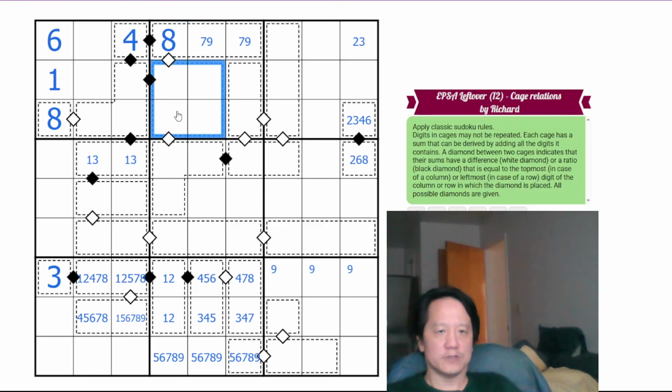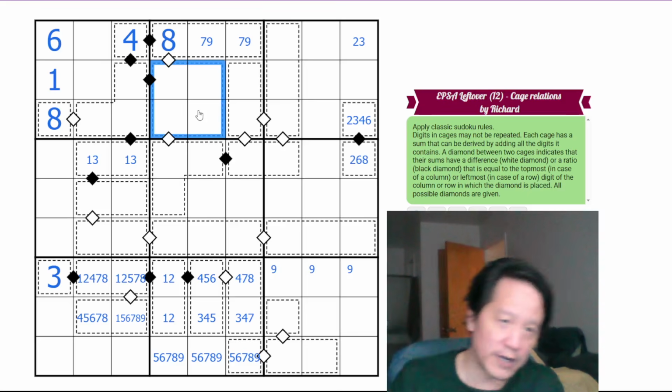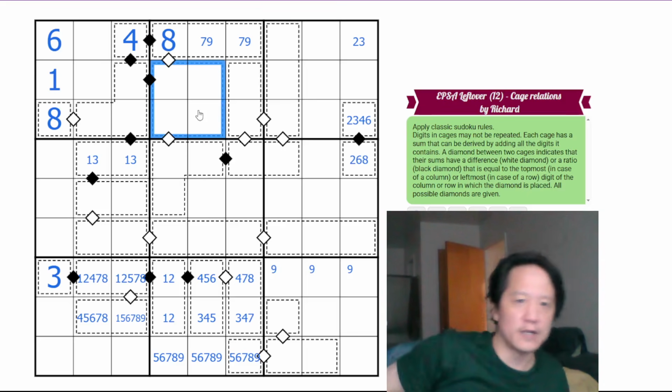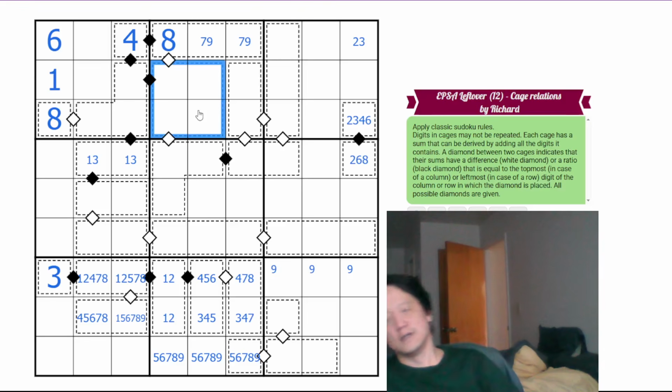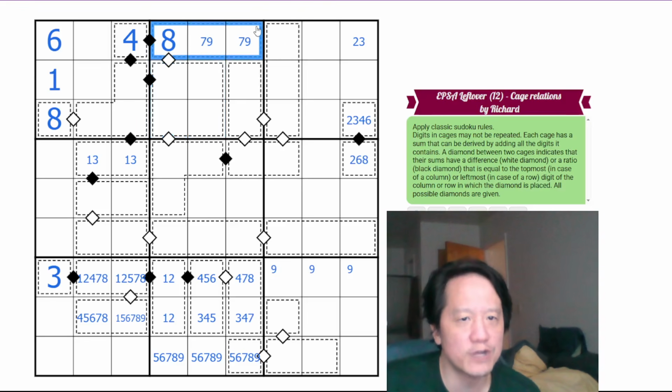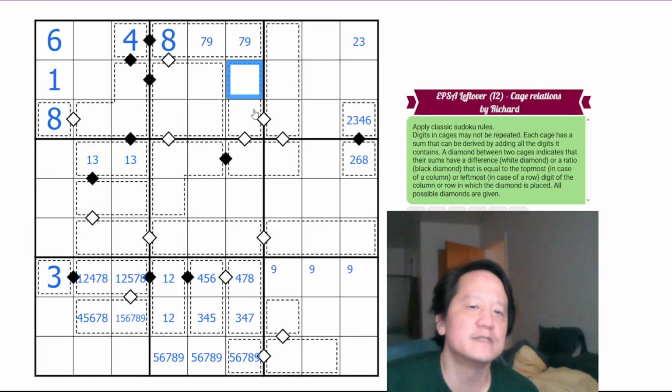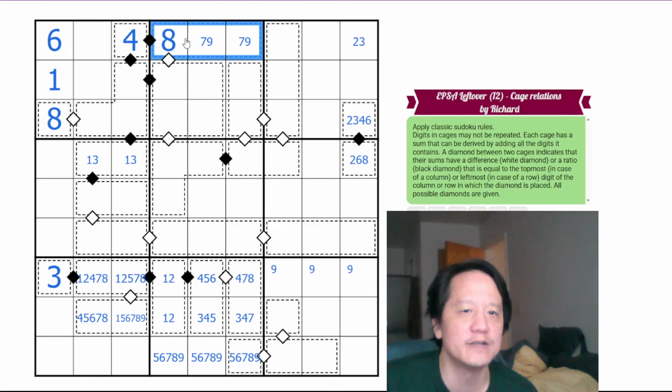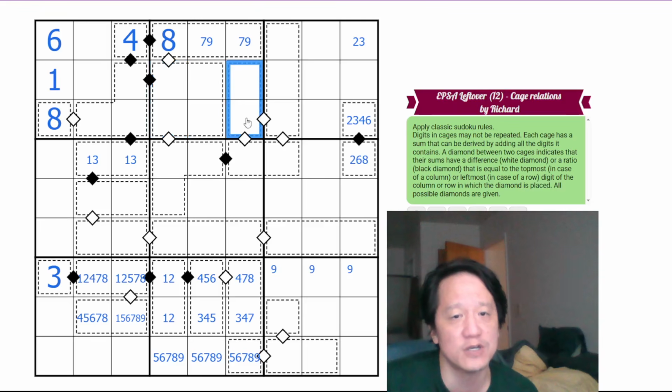So this sums up to 16 without 7, 8, or 9. 16 plus 24 is 40, and 45 minus 40 is 5.